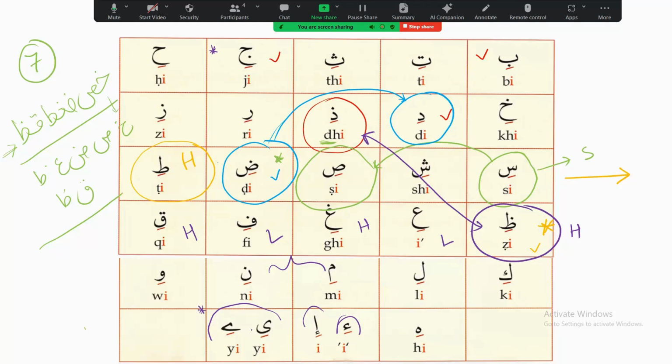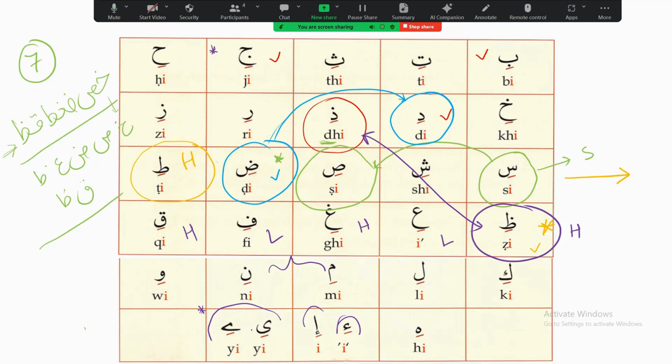You're not supposed to do that. Rather, the pressure is on the middle portion of your tongue. You say yi, ye, like this. Let me do this all, and then inshallah we will move on to the practice exercise.